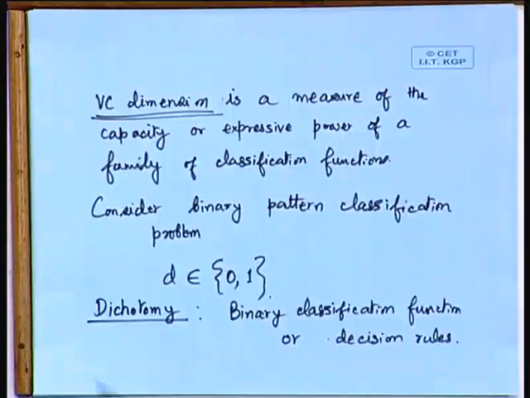So, let us form an ensemble of such dichotomies. We form a set of dichotomies, let us say this is the set F, and this is nothing but a set of functions. Ultimately, it is a classification function, rules, whatever way you may call it.